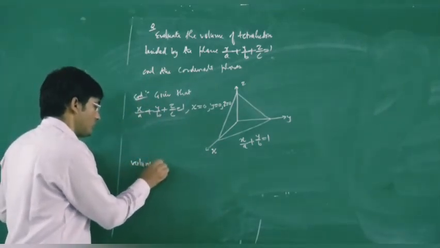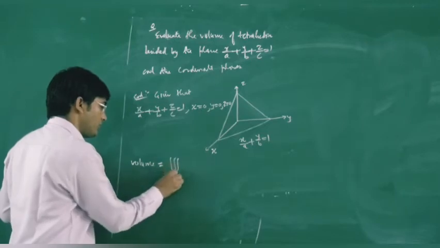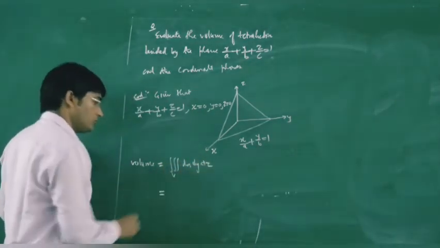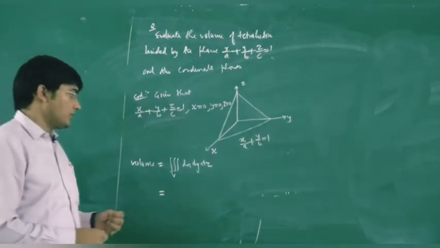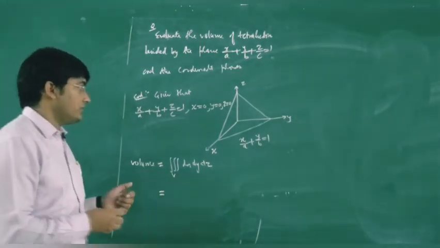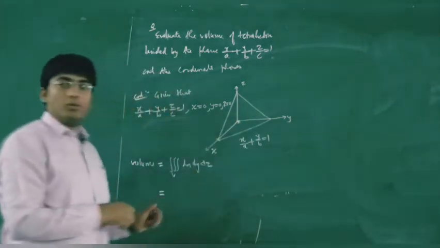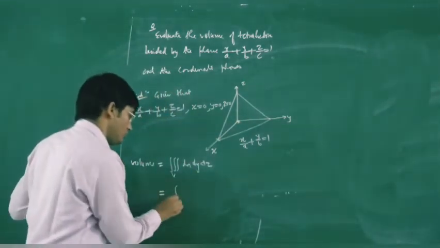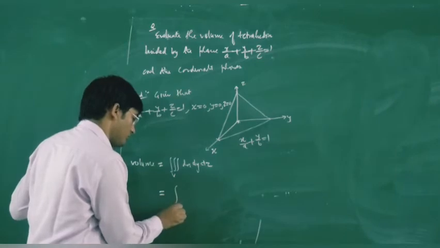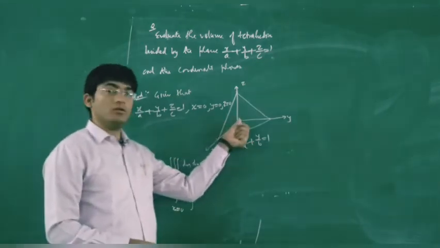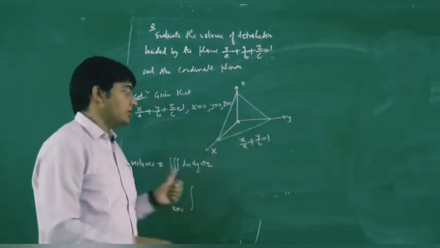So the volume integral will be equal to the triple integral of dx dy dz. Now let us guess the limits. Here we have x equal to 0, and at this point x equal to a. So the limit of x will be from 0 to a. Then for y, just take a vertical strip in this plane.